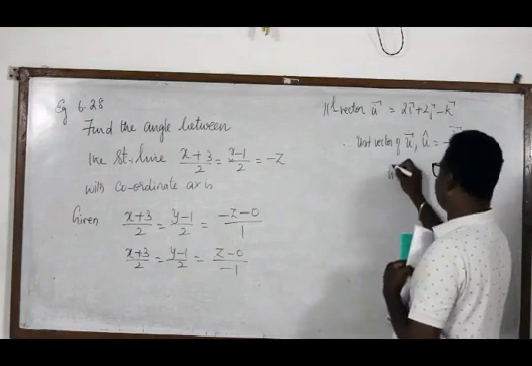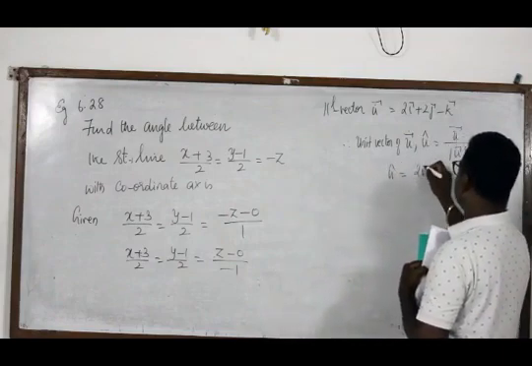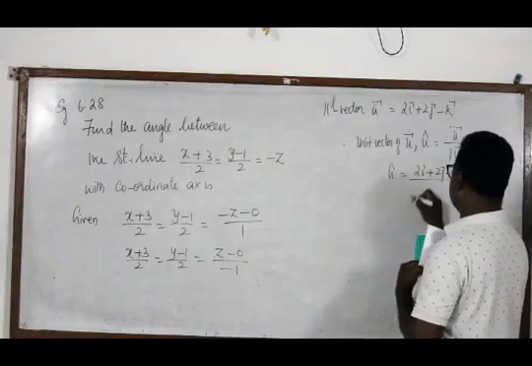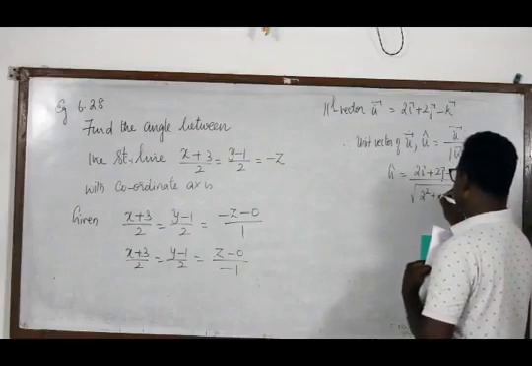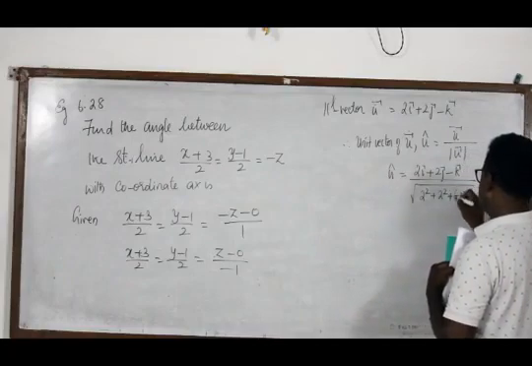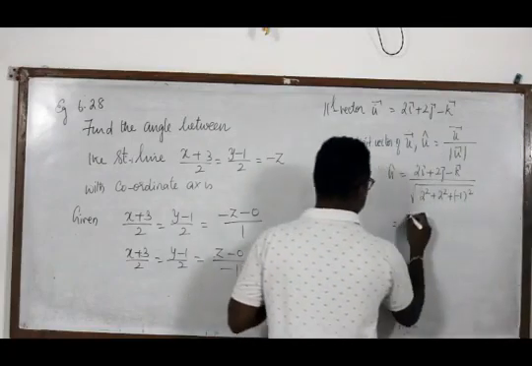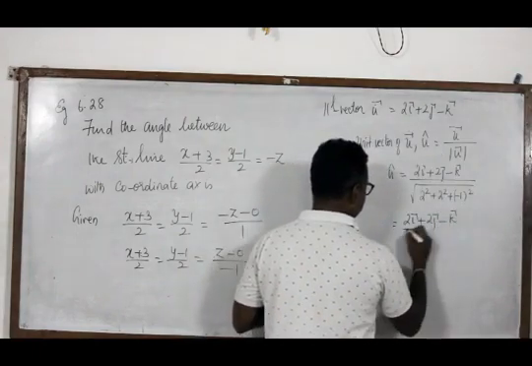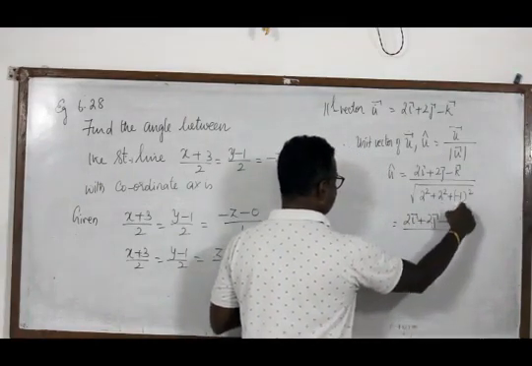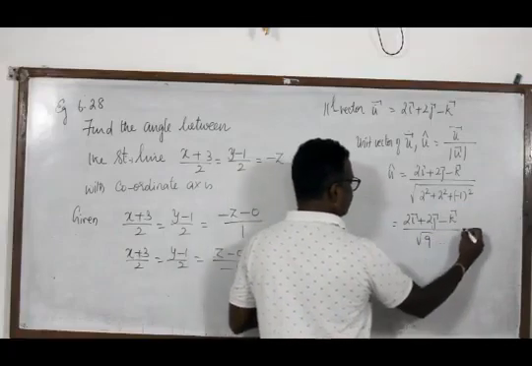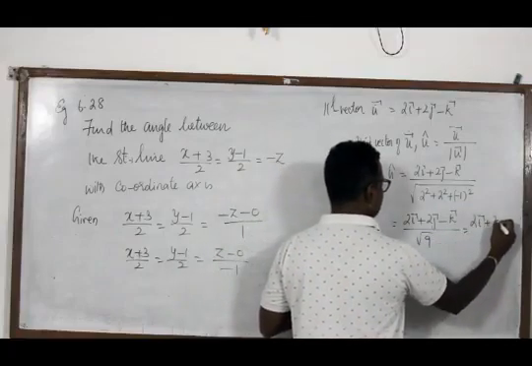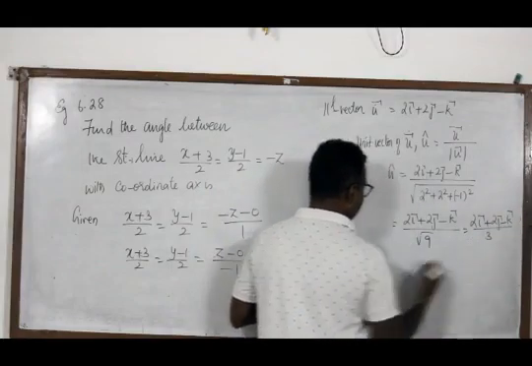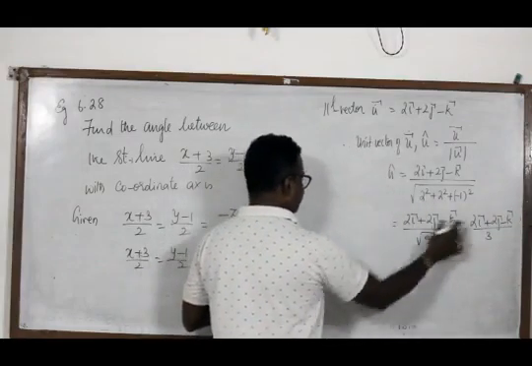That is u cap equal to 2i plus 2j minus k by root of 2 square plus 2 square plus minus 1 the whole square. It is 2i plus 2j minus k by root of 4 plus 4 plus 1, root 9. That is 2i plus 2j minus k by 3. Therefore, this is the unit vector.